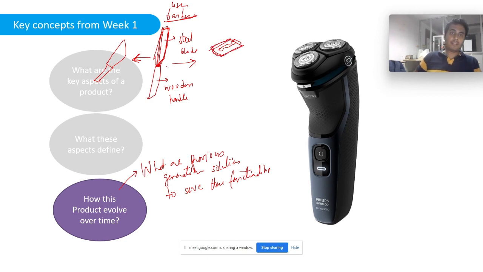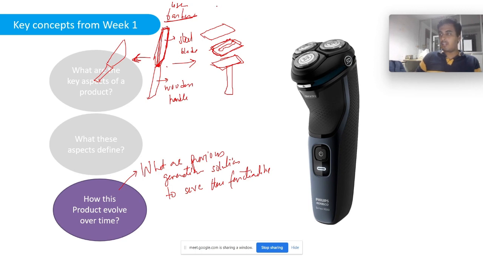The cutting blade, which was earlier a big piece of steel, now comes in the form factor of a blade. You can use a case, one on the top, one on the bottom, where you sandwich the blade, and then you use this to shave.